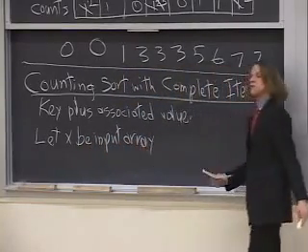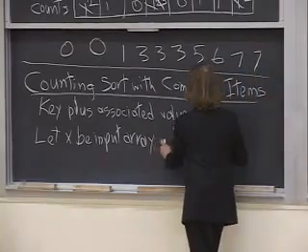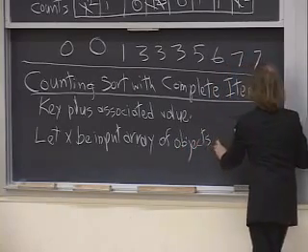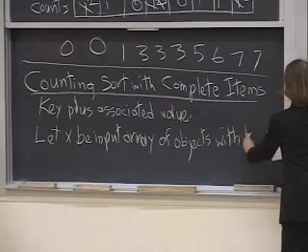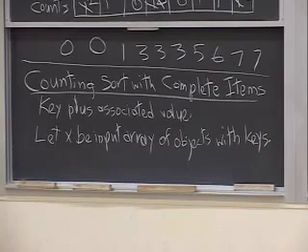And now it's not just an array of numbers, it's an array of objects that happen to have keys among other things stored in them. So there's your database records.